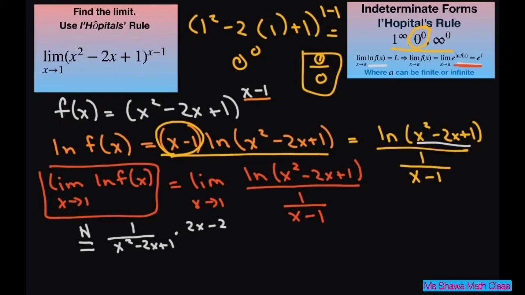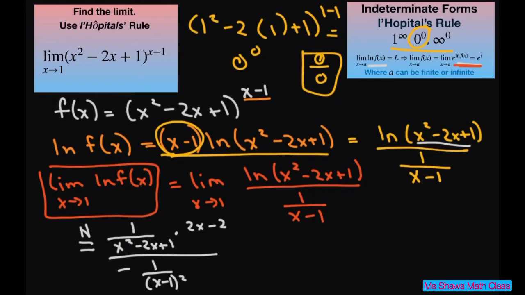And then for the denominator, that's just going to be negative 1 divided by x minus 1 squared. And now let's see what we have by simplifying this.